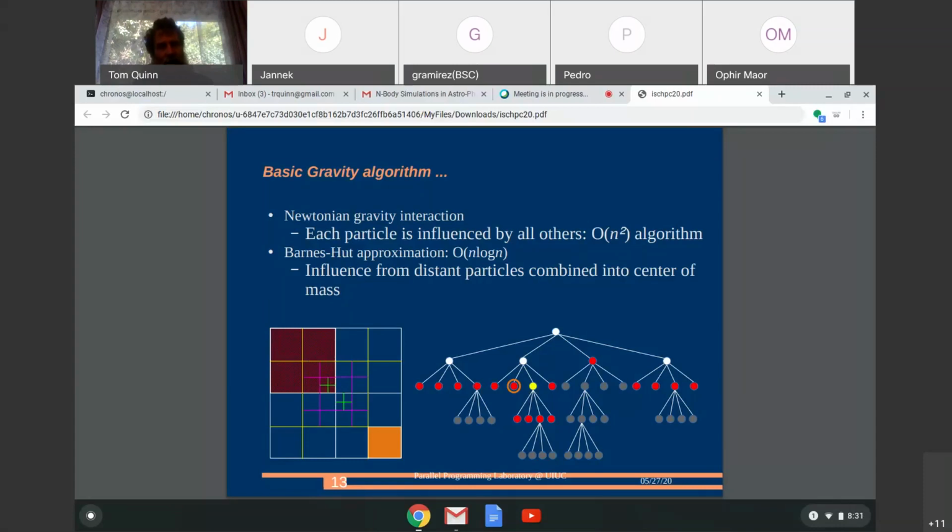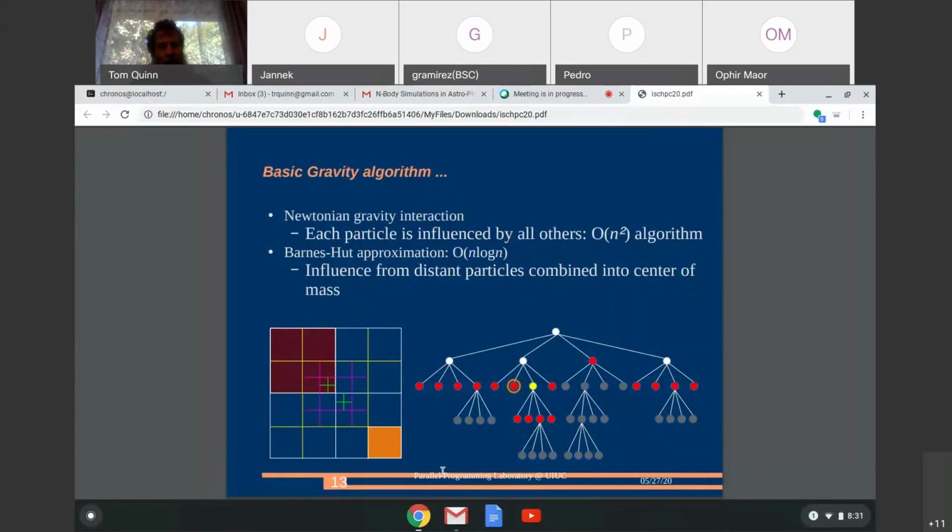We take several moments of the mass distribution, actually up to fourth order moments of the mass distribution, to construct what the gravitational field would look like far away from this volume. And we can evaluate that expansion at this yellow cell. And so that replaces all the particles inside that red volume with a single multipole expansion.